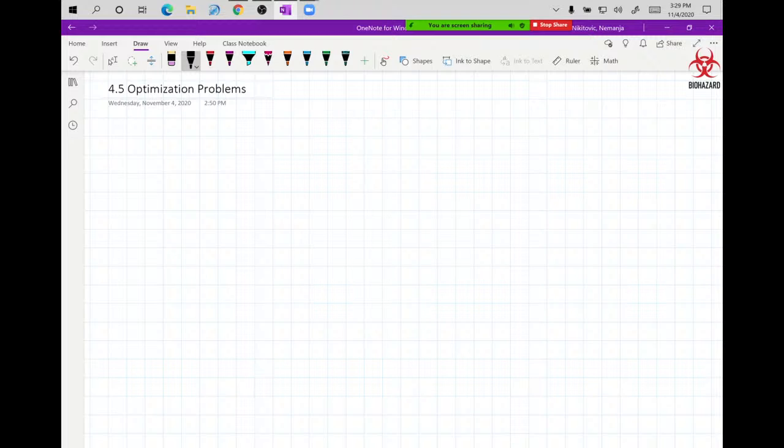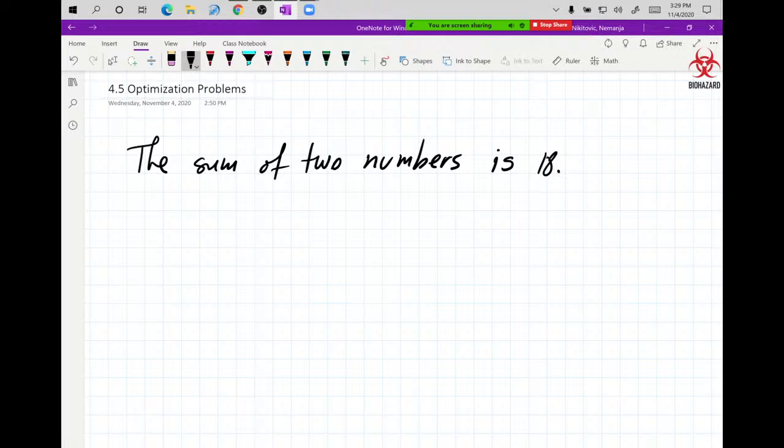Now let's start with a very basic, boring problem. The sum of two numbers is, let's say, I don't know, 18, whatever. Let's go 16, it's a little bit smaller.